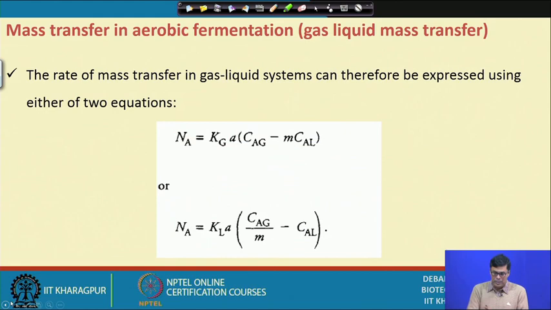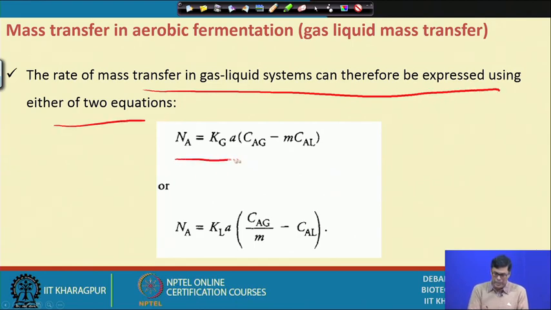So, the rate of mass transfer in a gas liquid system can therefore be written using the two equations: N_A equal to K_Ga times (C_AG minus m C_AL), and N_A equal to K_La times (C_AG/m minus C_AL), on the basis of the gas phase and on the basis of the liquid phase.